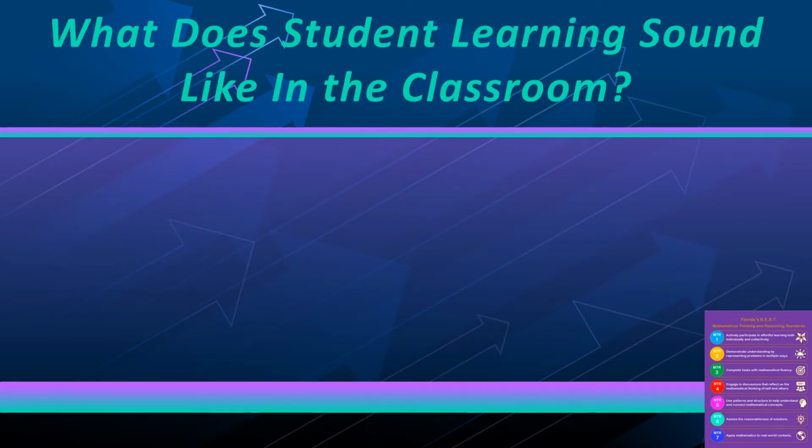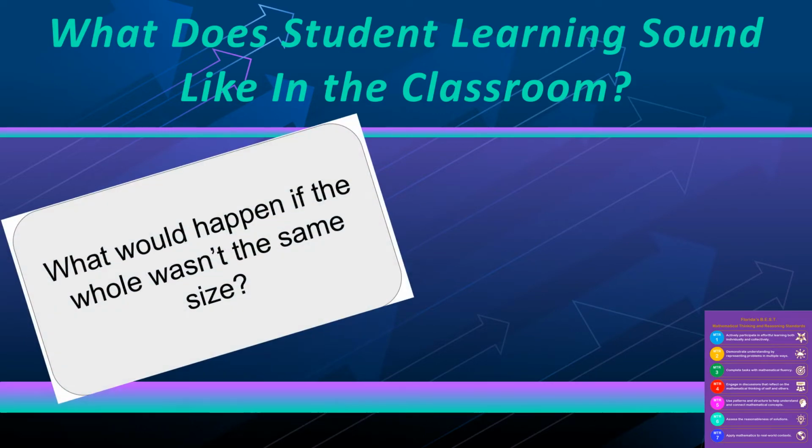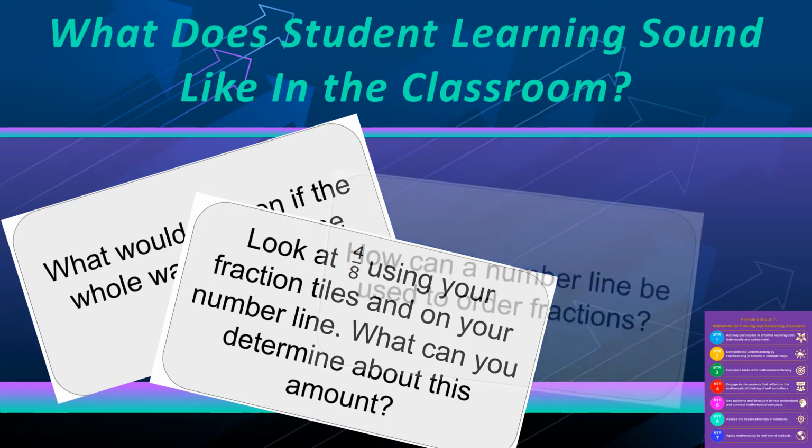What does student learning sound like in the classroom? These are some math chat cards from STEMscopes. What would happen if the whole wasn't the same size? We want students to recognize that in order to compare the fractions, the wholes must be the same size. Look at 4/8 using your fraction tiles and then your number line. What can you determine about this? We want students to relate what they see with fraction tiles and on their number line.